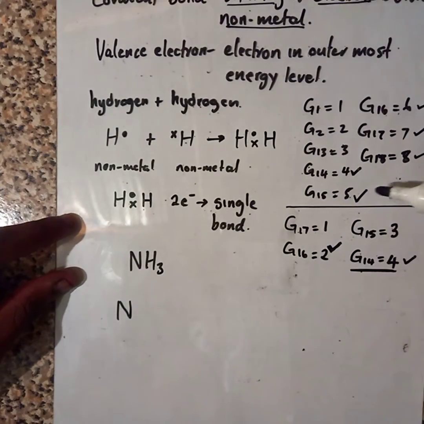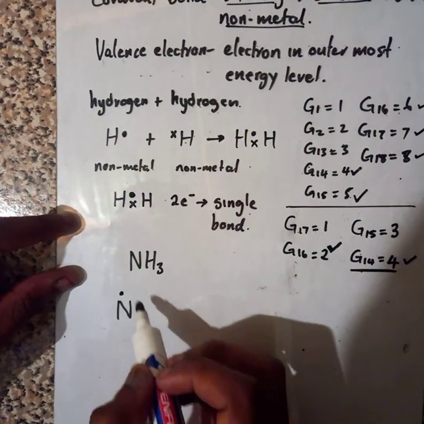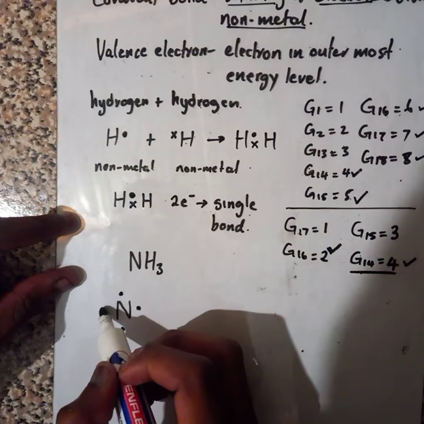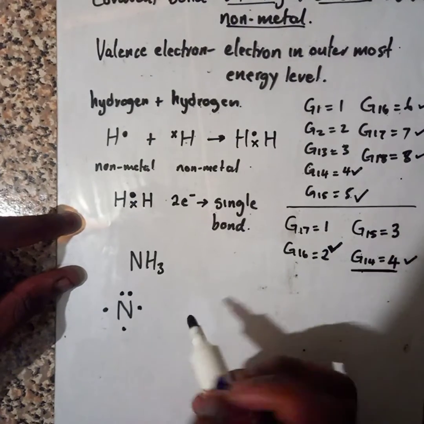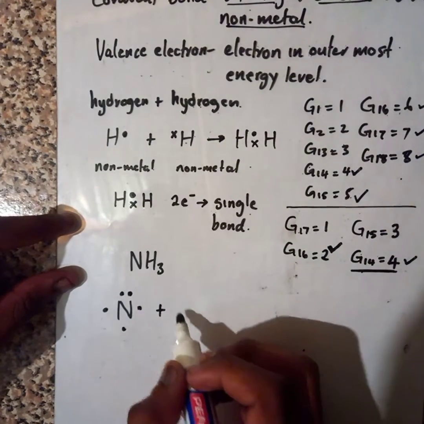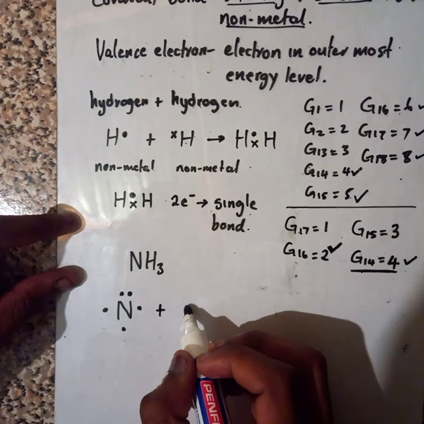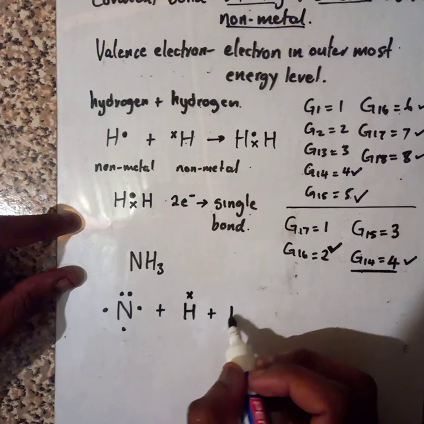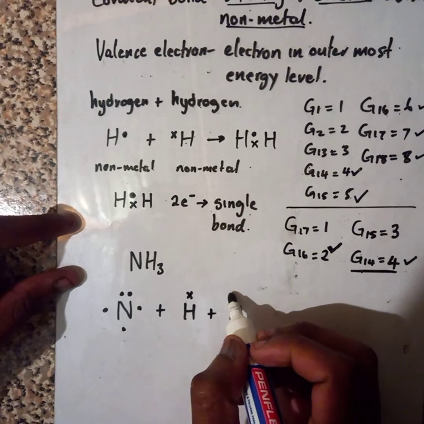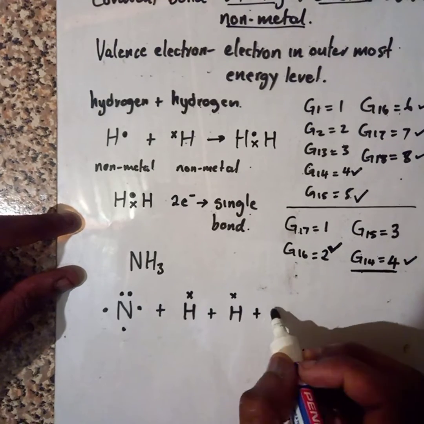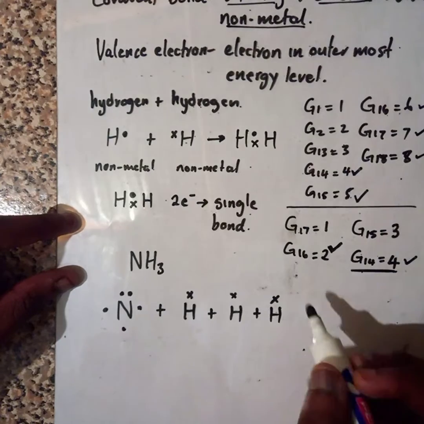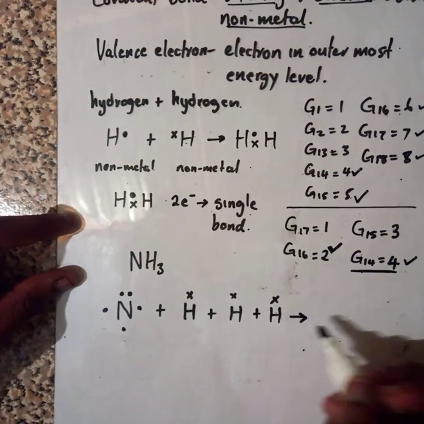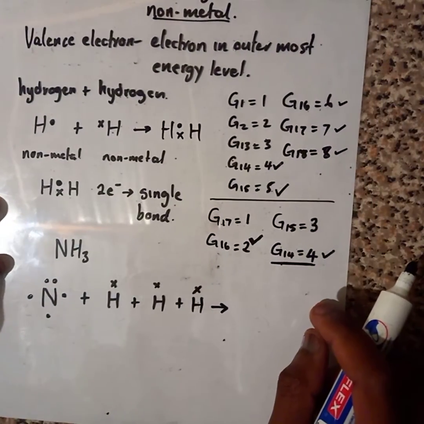It's going to have 5. 1, 2, 3, 4, 5. Then how many hydrogen do we have? 3. We have 1, 2, 3. Then the final diagram will look like this.